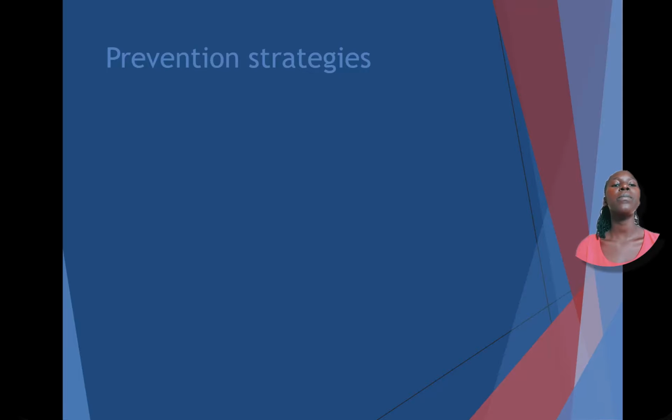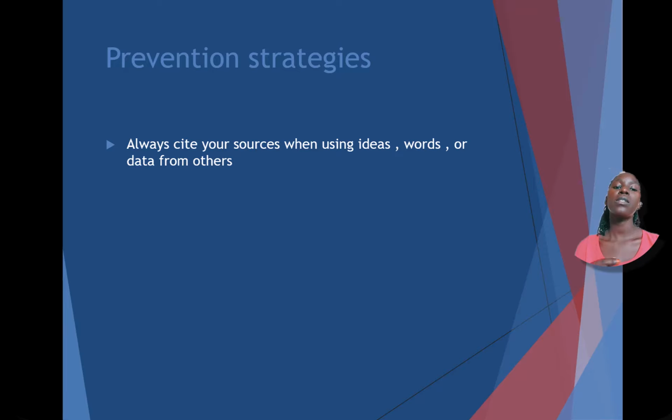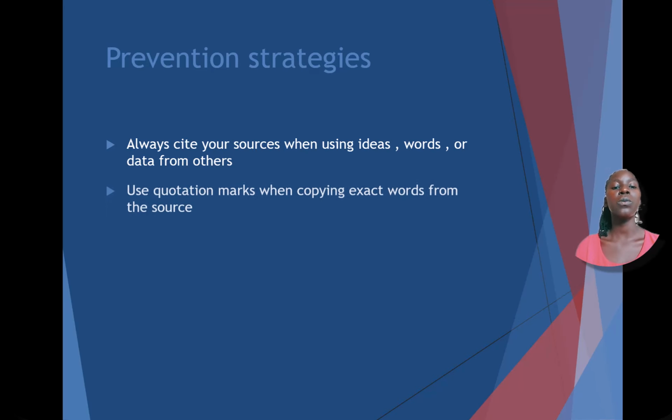How can I prevent plagiarism? So the prevention strategies, how do I prevent it? First, cite your sources when using ideas, words, or data from other sources. We shall see how we cite. This is how you cite your work so that you will not be caught.